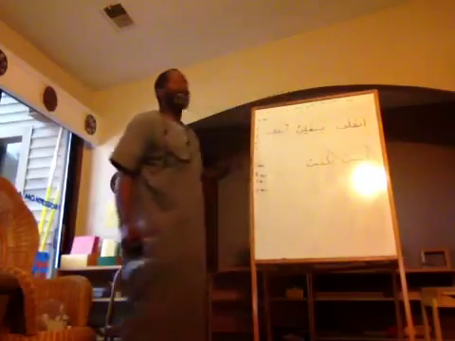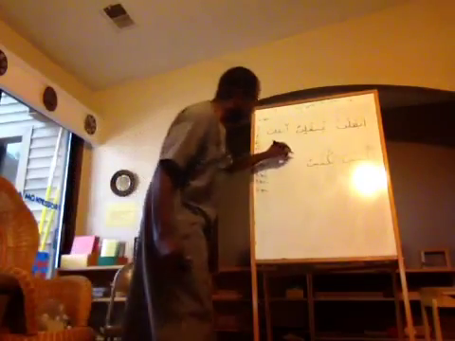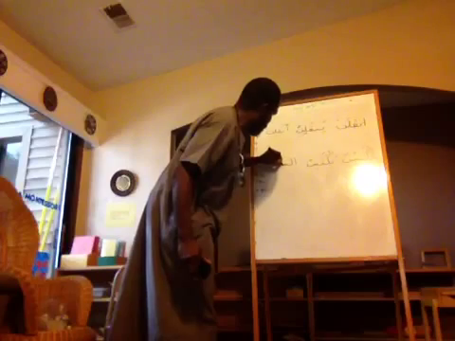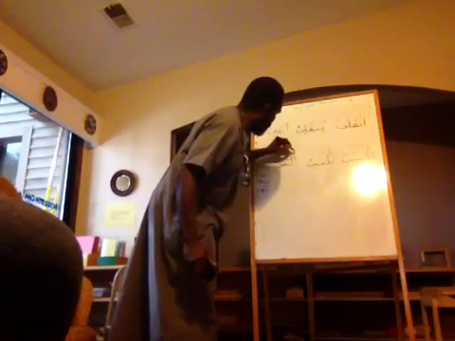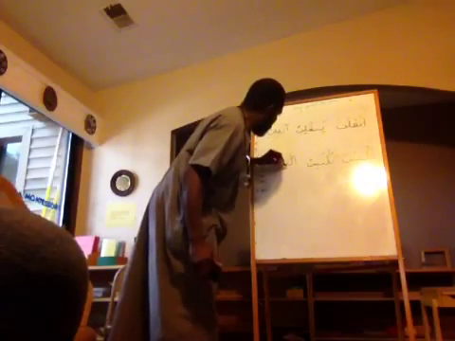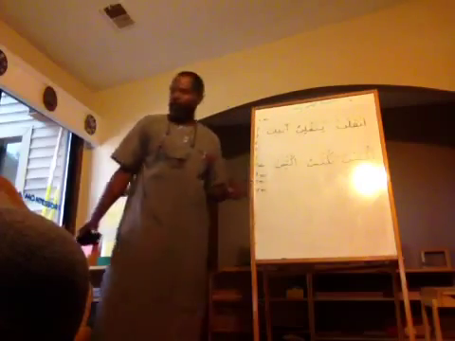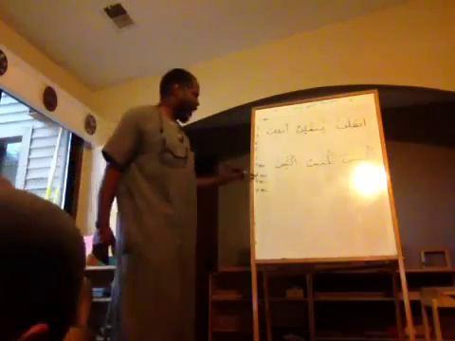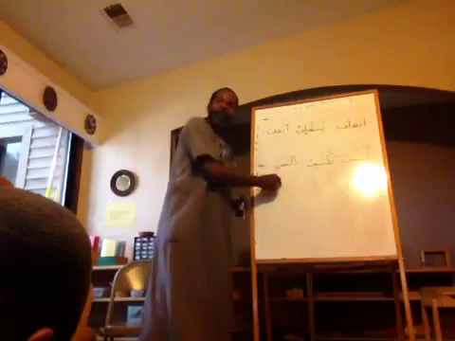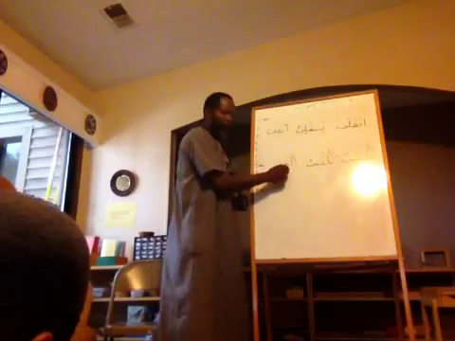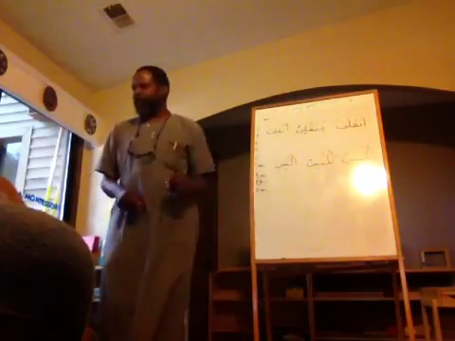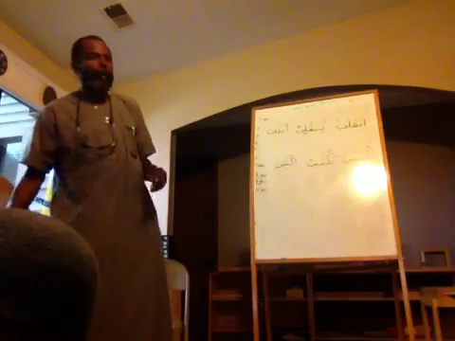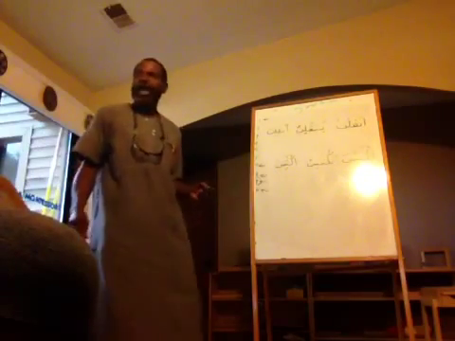Iktasib. Okay, good. 8. Okay, we're going to bypass 9, but the same rules apply for 9, except that instead of kasra, it becomes a fatha. That's just because of the nature of the ninth form, because of the shadda on the last letter.